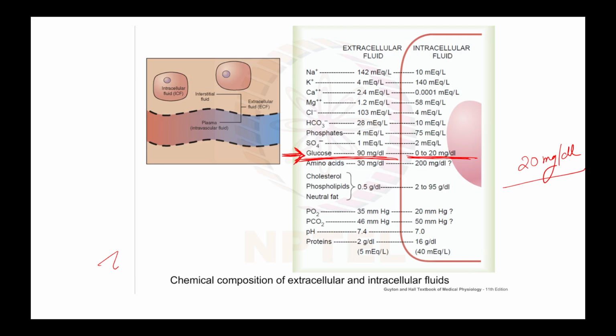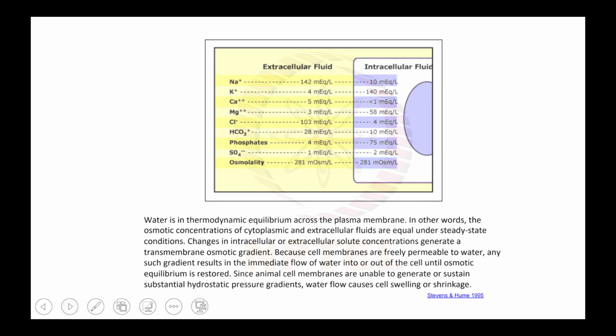The glucose concentration should be at least 20 mg per deciliter in the intracellular fluid, and about 90 mg per 100 ml, not more or less, in the extracellular fluid. And this kind of balancing can be done here. As I have mentioned, you can see the osmolarity remains the same in the extracellular fluid and the intracellular fluid.